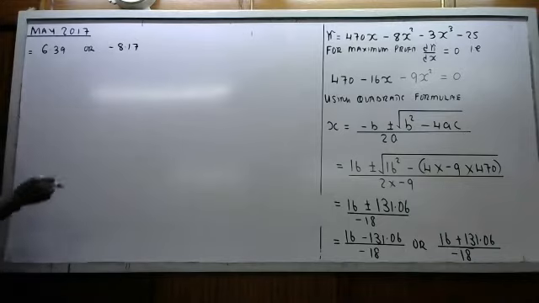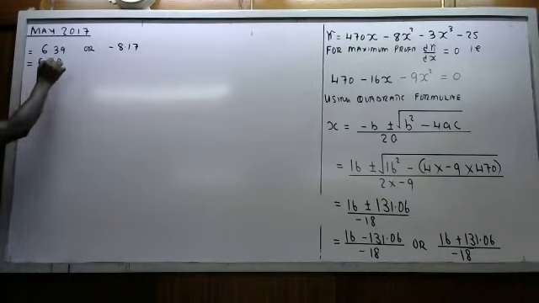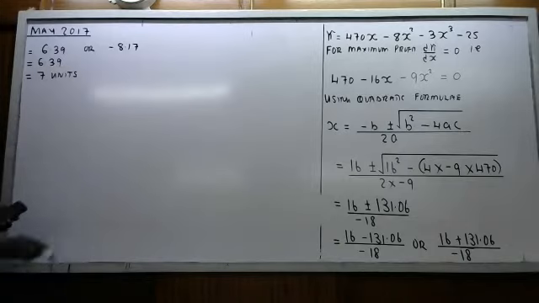So we ignore the negative. We go for 6.39, which you can call 7 units.